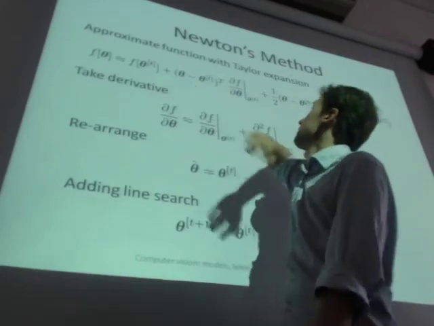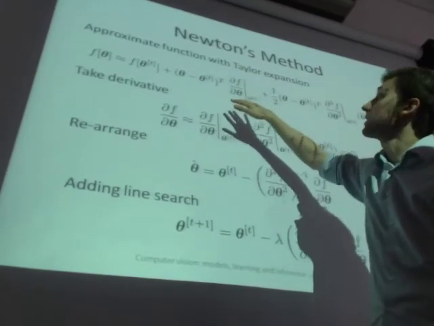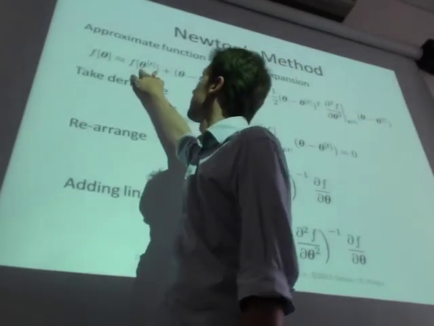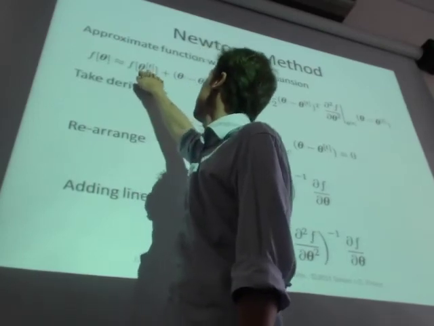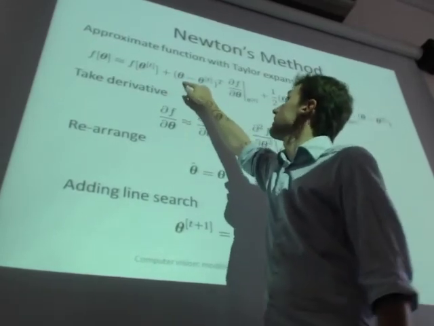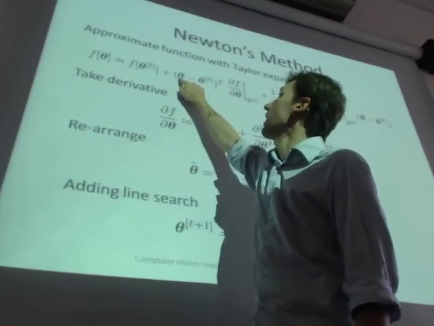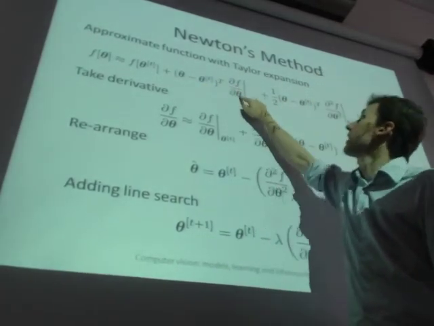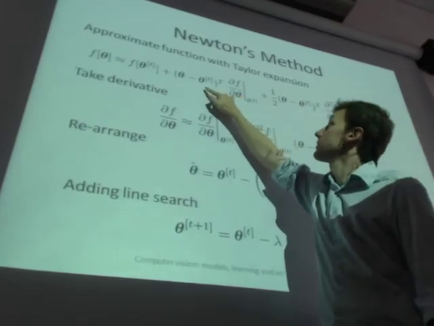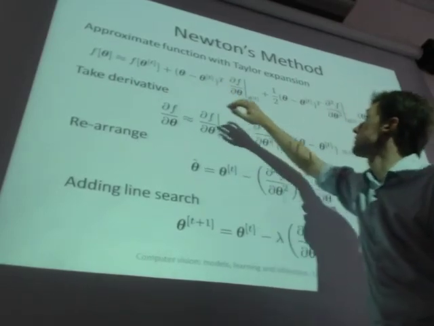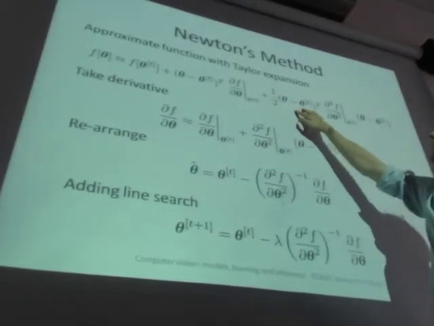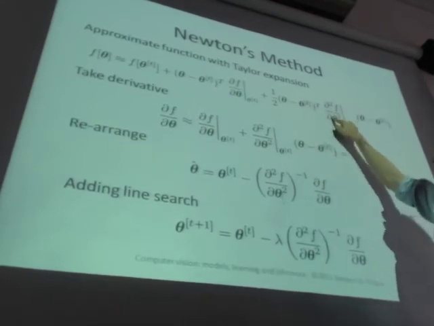So if you don't remember your Taylor series expansions, that's okay. The point is that you start off with some initial guess of theta. You know that there's some difference between your initial guess and the optimal theta, and you multiply that by the first derivative with basically a weight of 1, and then you have a weight of 1/2 of the same difference times the second derivative.